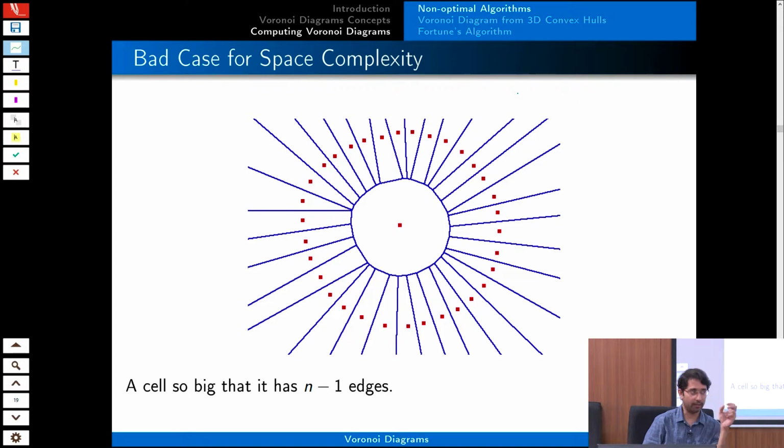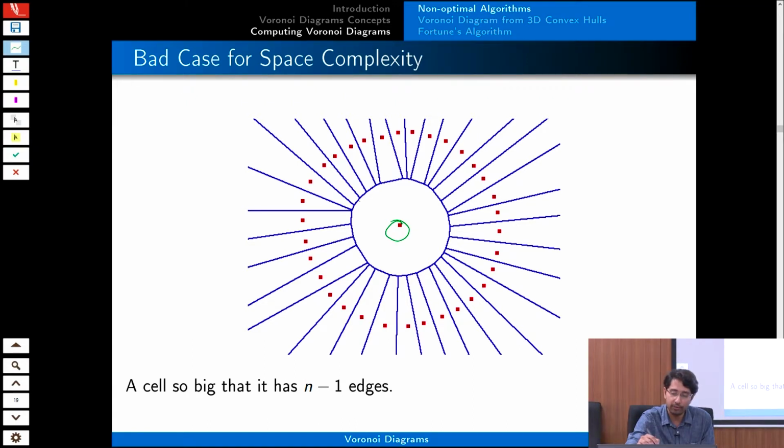What is a Voronoi diagram? It is a collection of n cells, right? Do you understand what a cell is? A cell is the region of each site point. How many vertices can there be in a cell? In this example, this site point shares an edge with every other site point.